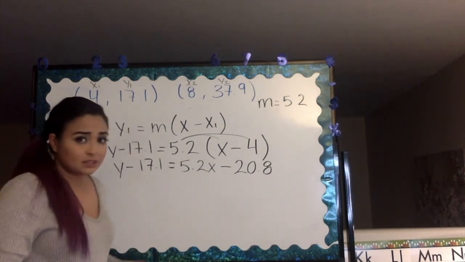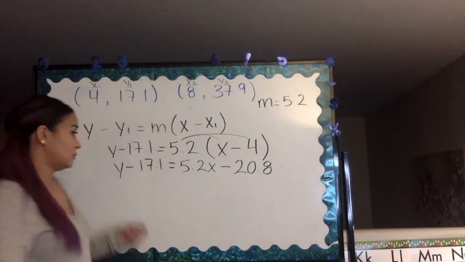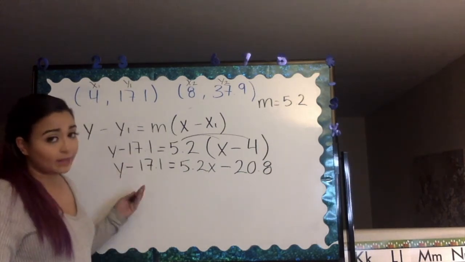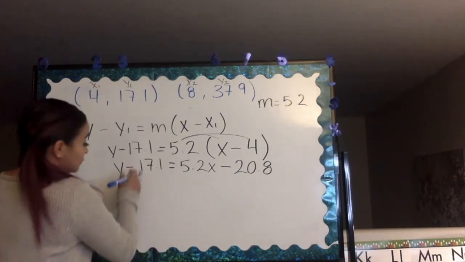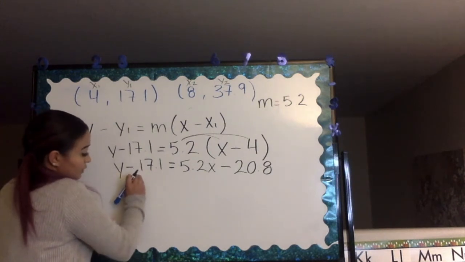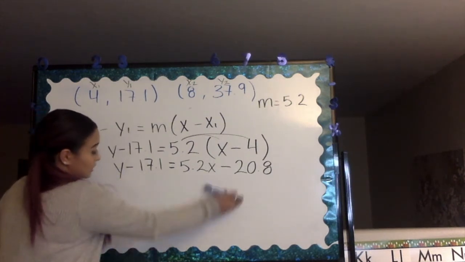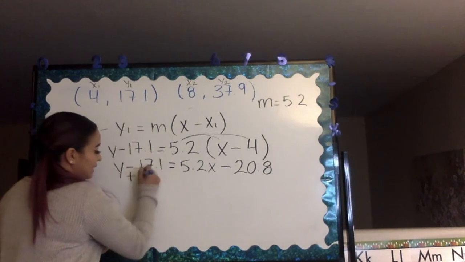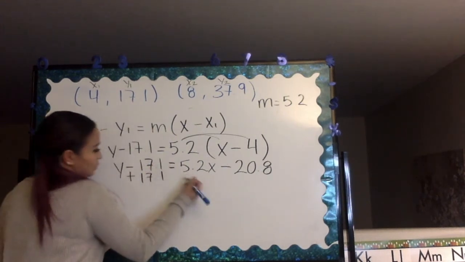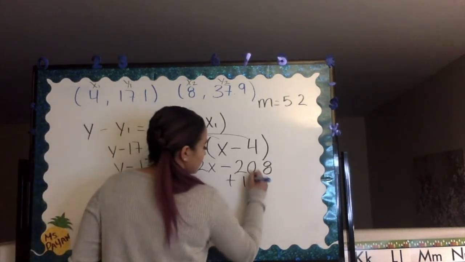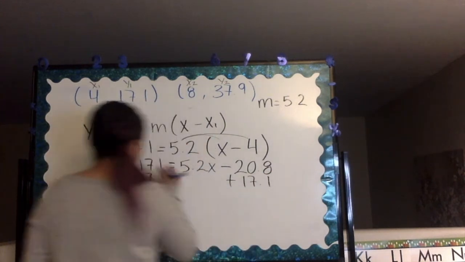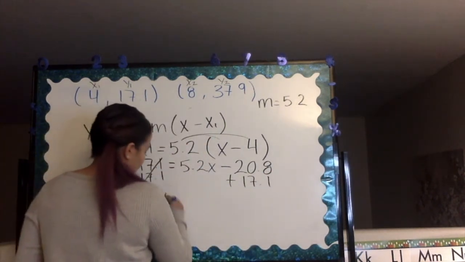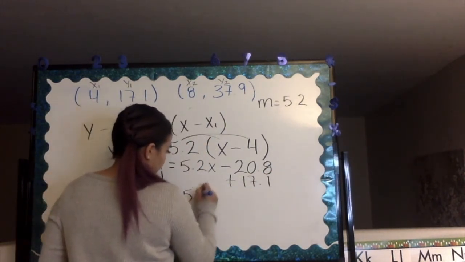What does it look like we're doing now? Remember, we want to get our y alone. So we're going to move 17.1 to the other side by adding 17.1 to both sides. So y is equal to 5.2x.